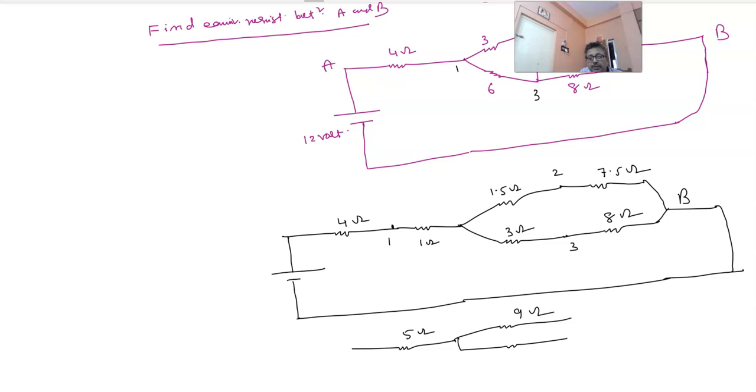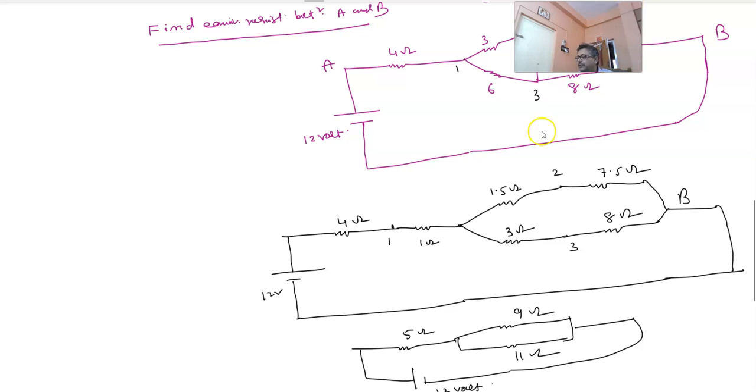This one 11 ohm. And this is the cell 12 volt. Okay. So 9, 11, they are parallel combination. Then with 5 you add and then do it.